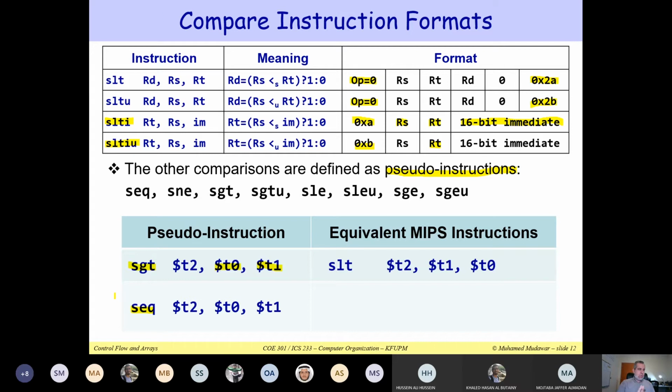Okay, so given this pseudo instruction, tell me how the assembler might translate it into an equivalent. Yes, Khalid. I'll use SLT twice to check if it is greater than or less than.